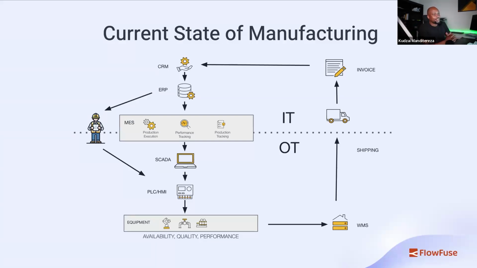So what you're looking at here is a depiction of a common manufacturing value chain, as it were. Basically, a company gets an order from customers, and then they use an ERP system to plan how they're going to fulfill those orders. This plan is broken down into production schedules, which are then handed over to the shop floor for execution, or rather for manufacturing execution.